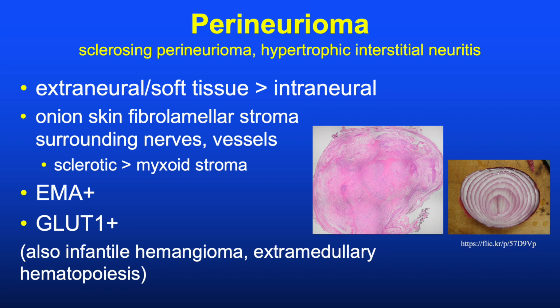EMA positive, like meningioma and meningothelial hamartoma, and also GLUT1 positive. GLUT1 is infrequently used, but when it's used, it's very powerful in dermatopathology. It is positive in a very short list of rare, distinctive, and non-histologically overlapping entities. So perineurioma, infantile hemangioma, and EMH.